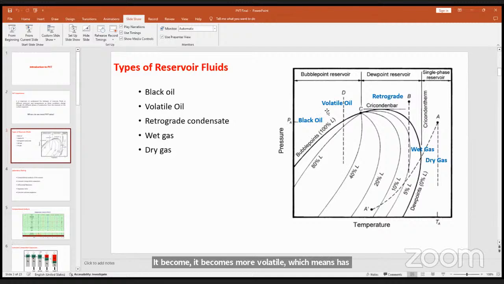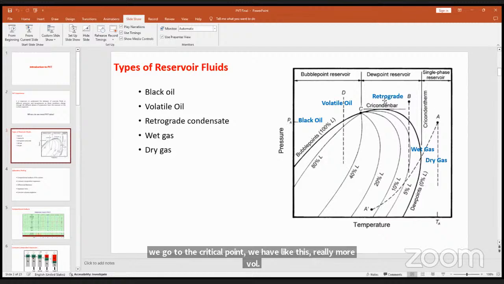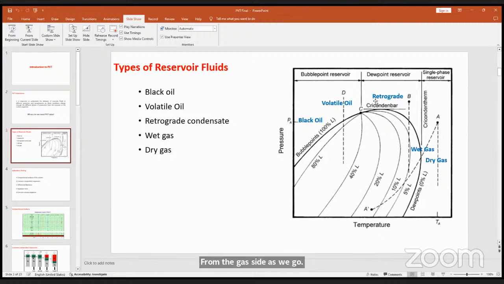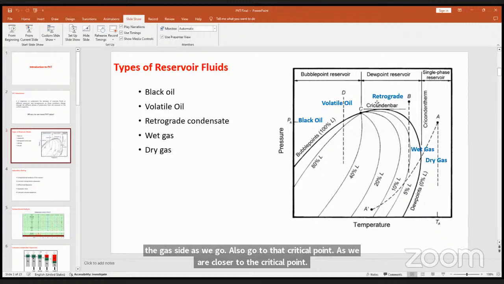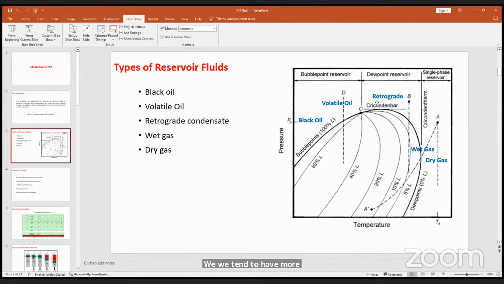So as we go to the critical point, the oil tends to be more volatile. From the gas side, as we also go closer to the critical point, we tend to have more condensate in the gas.